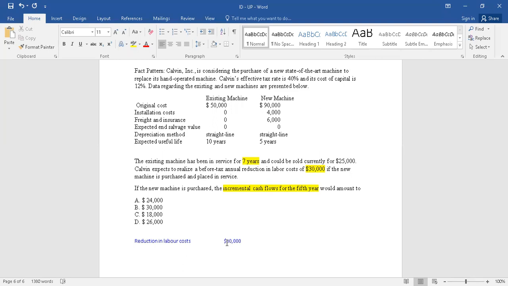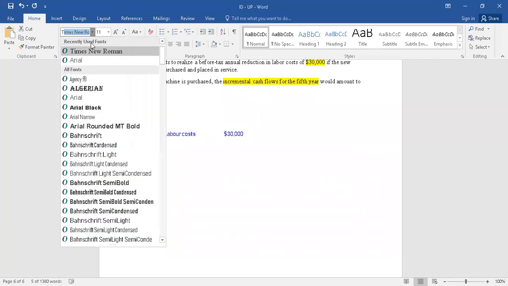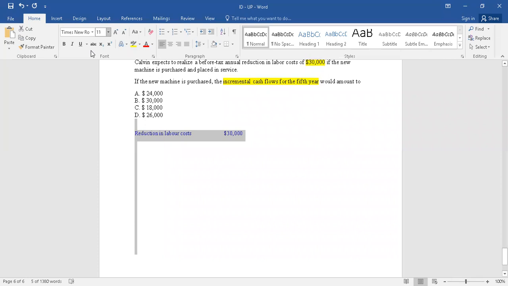Tax rate is given as 40%. So 40% of 30,000 will come out to 12,000. So we see cash flow after tax, which would be 18,000.